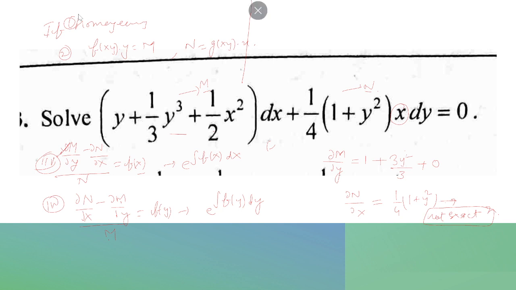What do we get? Write it here. 1 plus, cancelling 3 by 3, minus del N by del x, 1 by 4 into 1 plus y square divided by N.